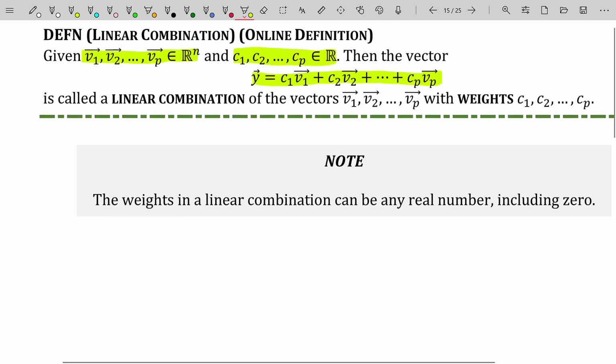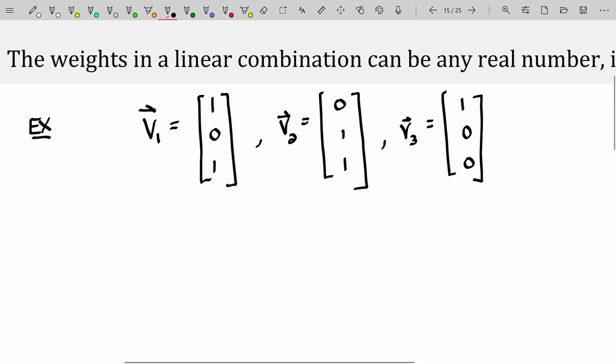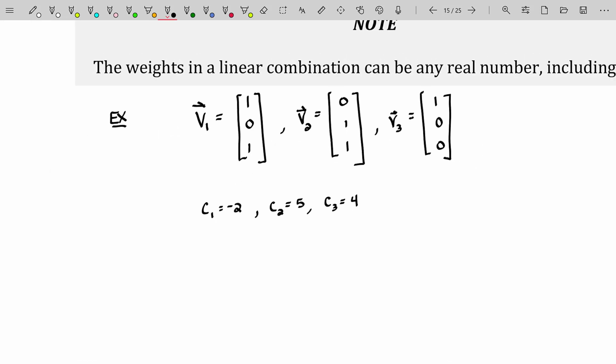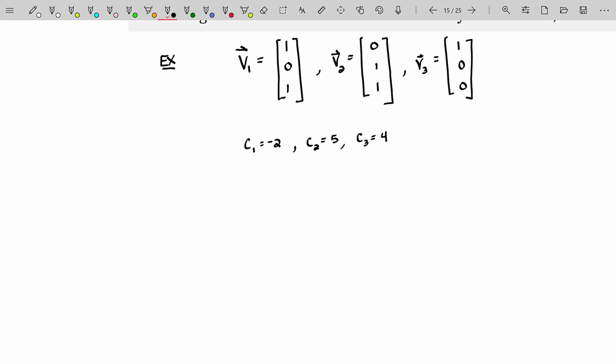So a really quick example of this. You have these three vectors right here, v sub 1, v sub 2, and v sub 3. And let's create three scalars. Well, the linear combination of those three vectors with these weights is the following vector.